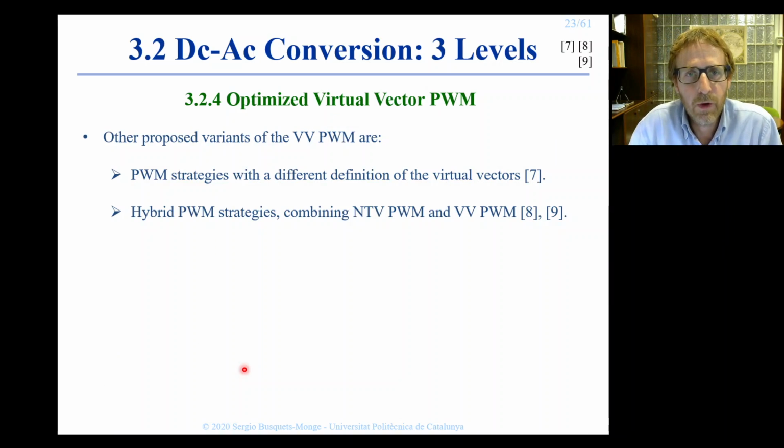In the literature, one can find other variants of the initial virtual vector pulse width modulation. For instance, in reference 7, the authors use a different definition of the virtual vectors. In other references, they combine NTV pulse width modulation with virtual vector pulse width modulation to define hybrid PWM strategies.